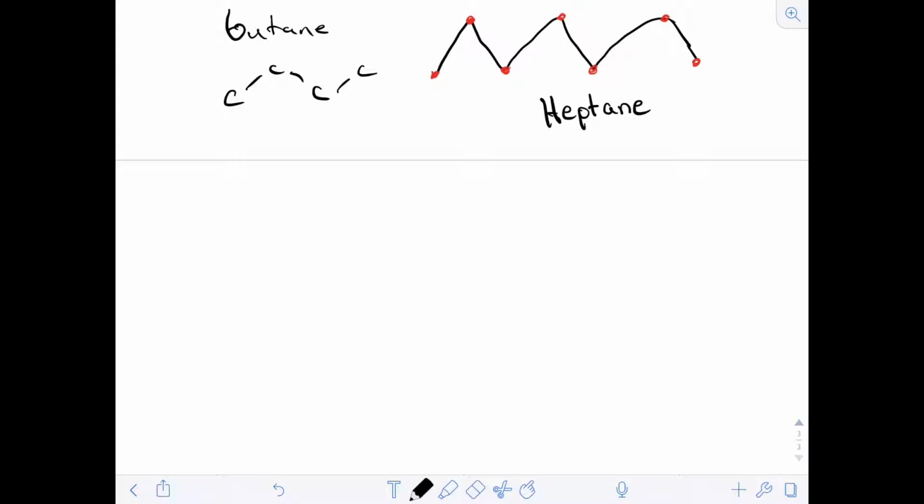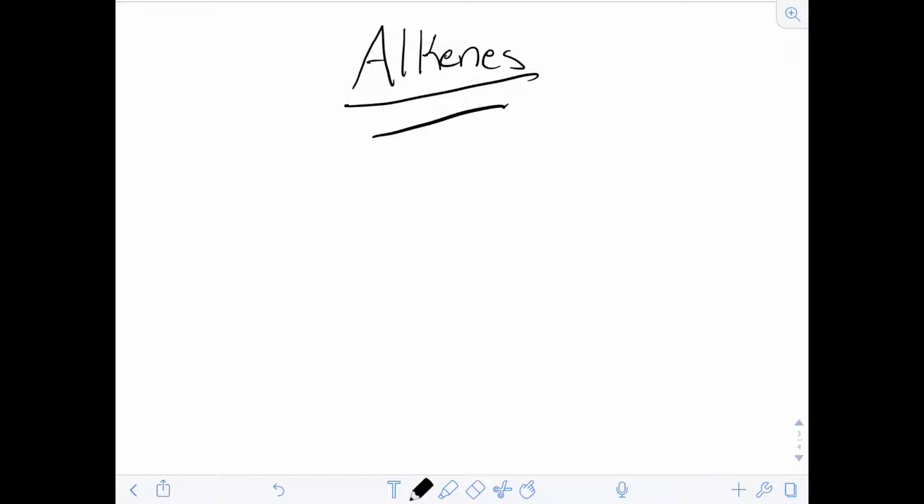Alright, so next up is our group of alkenes. So alkenes are essentially carbon chains with double bonds.